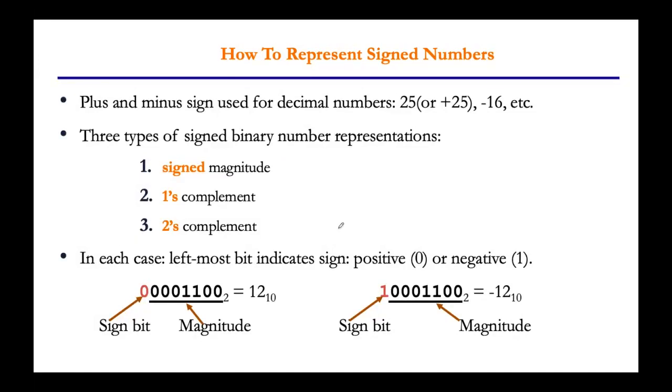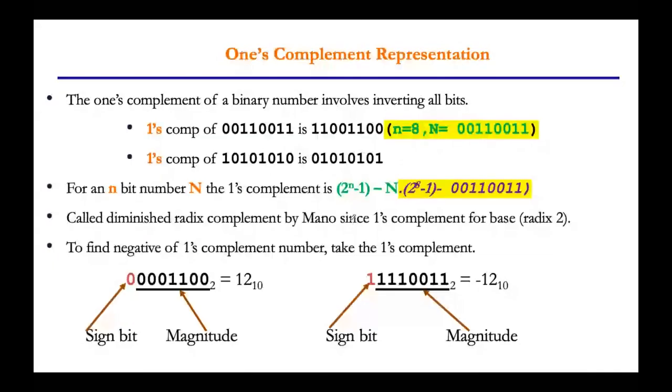But when it comes to ones complement, that is another way of representing signed binary numbers. The ones complement of a binary number involves inverting all the bits.